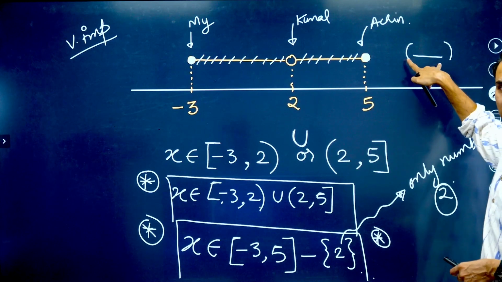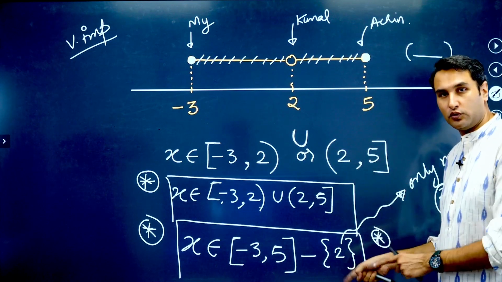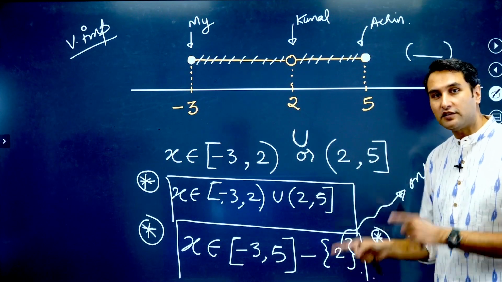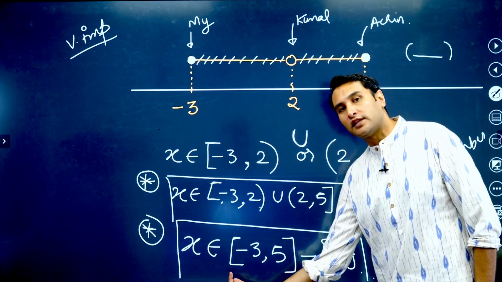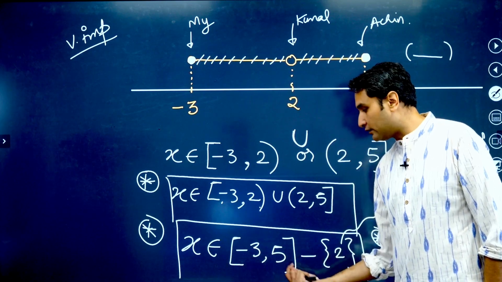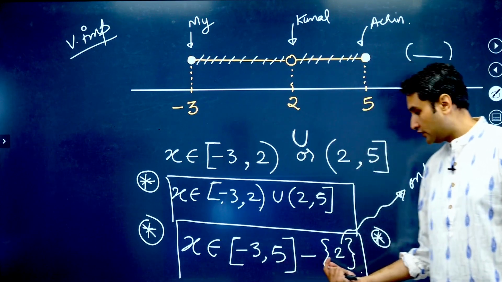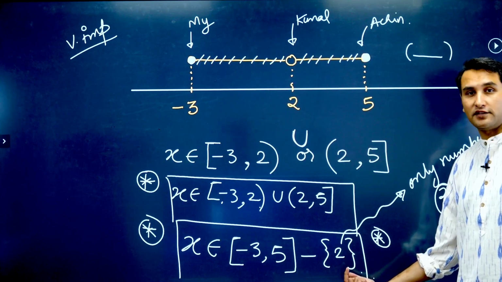But this curly bracket means only number 2. What does this mean? All the numbers between minus 3 to 5, including minus 3 and 5. Only number 2, only Kunal's house.